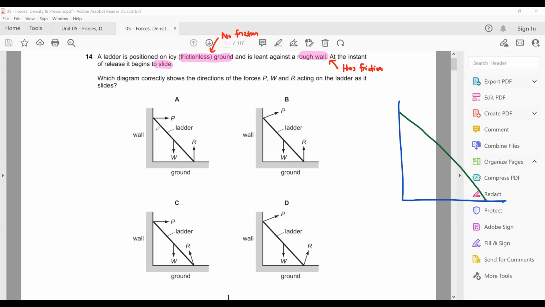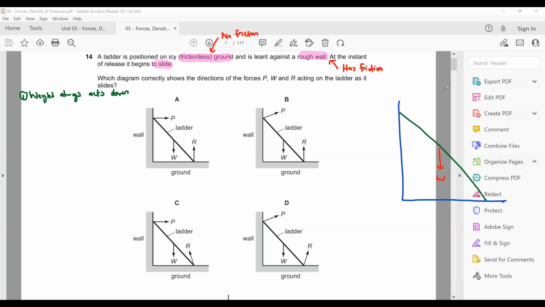Okay, there are a few forces here. You know that weight always acts down. So I know W will be this one.